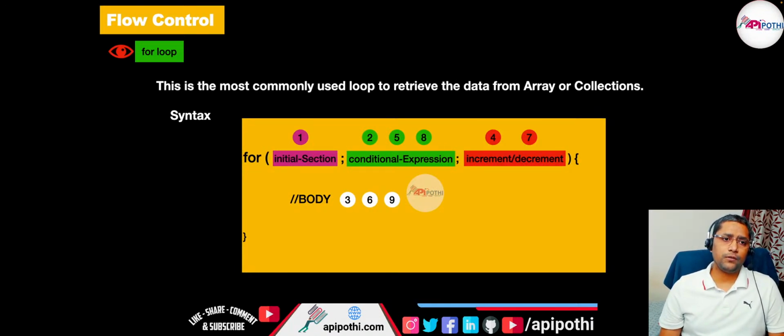Basically, the for loop is divided into 3 sections. Do you see the 3 different colors?